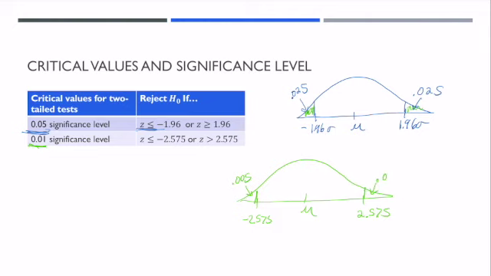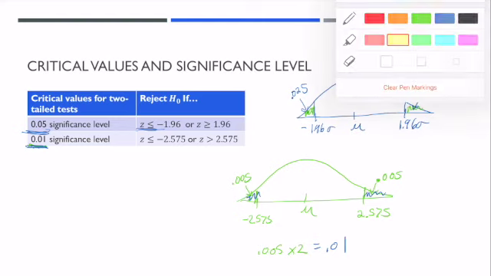And remember that it's symmetrical, so this also has an area of 0.005. If I take 0.005 times 2, because I've got 2 tails, that gives me 0.01. So that's how I get the 0.01 significance level. And it works two ways.